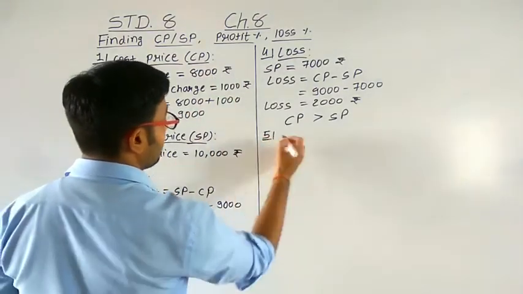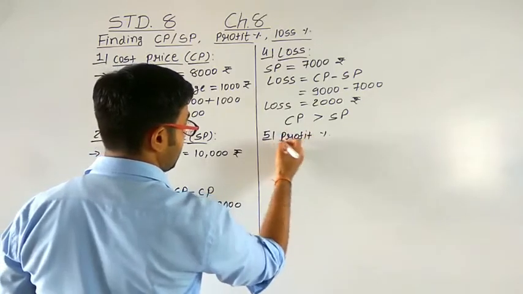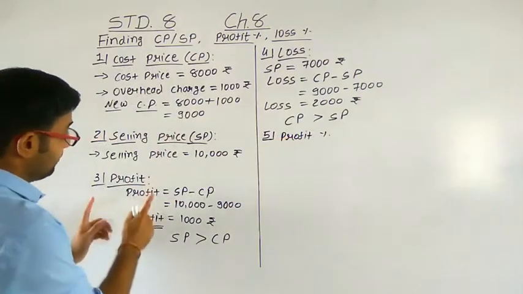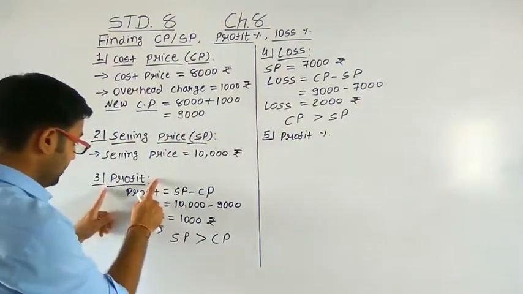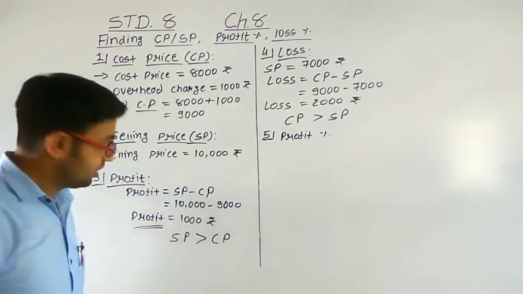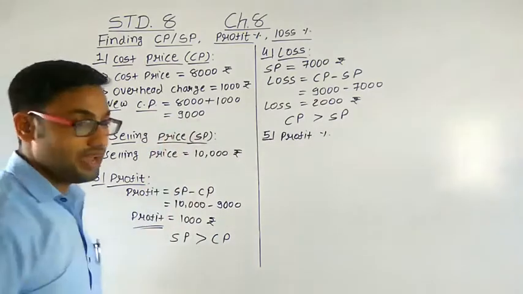How can we calculate the profit percentage? See, here we are taking this situation only. Here we have made a profit of rupees 1000. What is the cost price? Cost price is 9000.